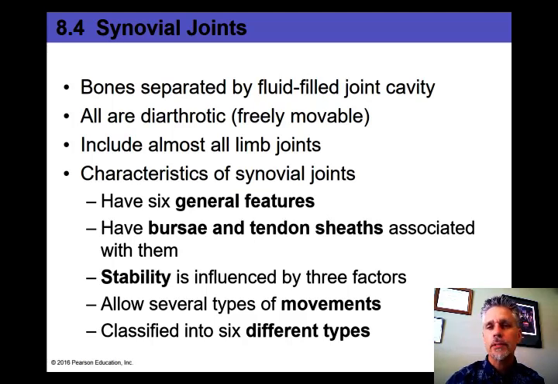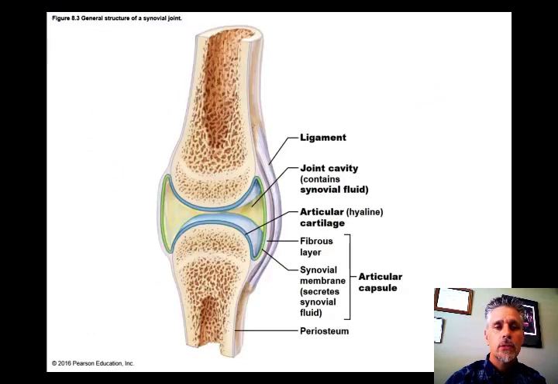When we look at the figure, it's a little bit easier to see. So here's an example. This could be, again, between this phalanx and this phalanx, something like that. So here's our bone. We've got ligaments holding the bones together on the outside, on both sides. And then what we have is articular cartilage on the ends of each bone. That cushion.